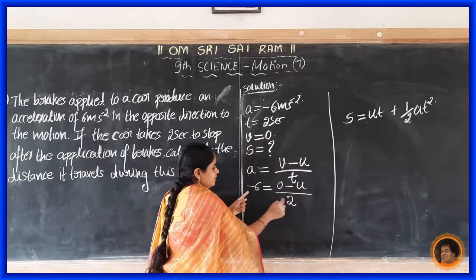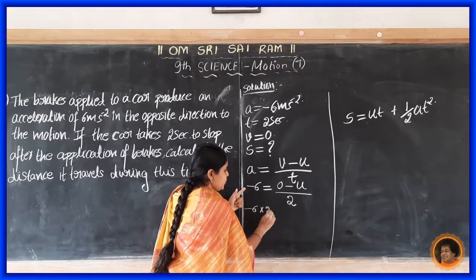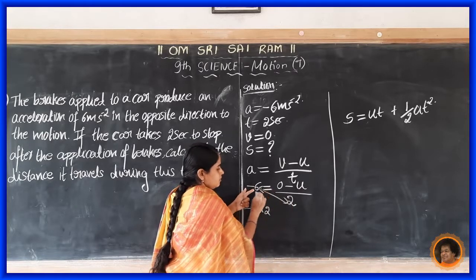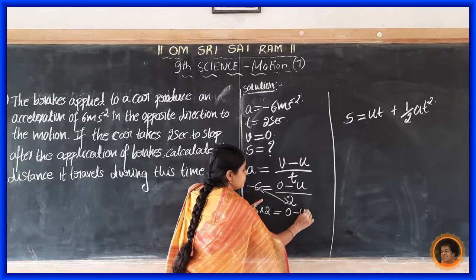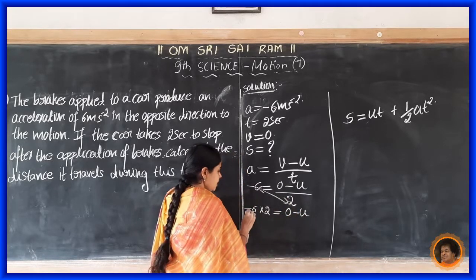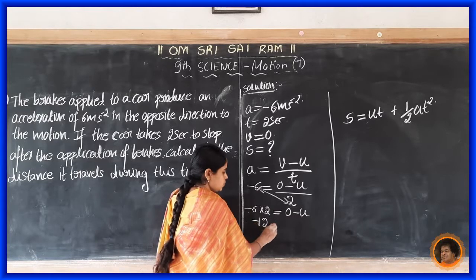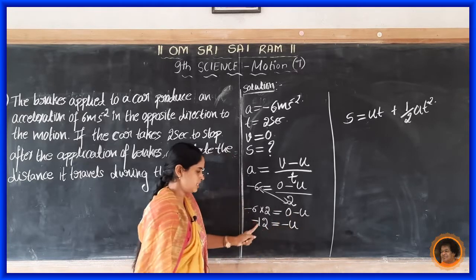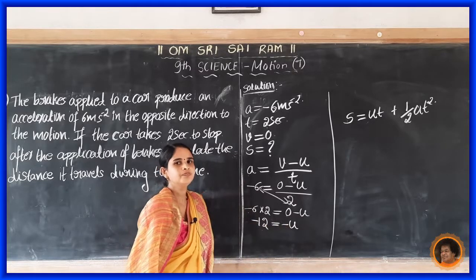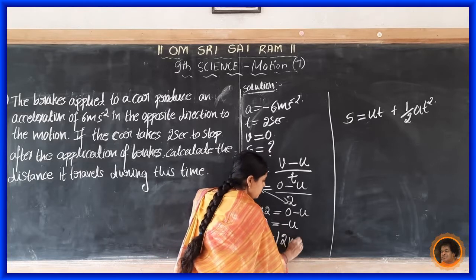Minus 6 into 2, cross multiplication, equals 0 minus u. 6 into 2, 12, so minus 12 equals minus u. Then minus minus cancel. So u equals 12 meter per second.